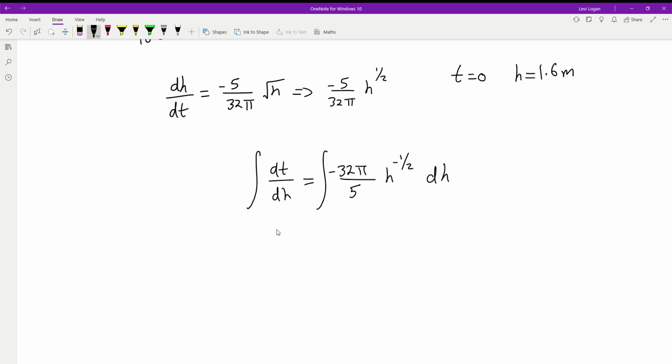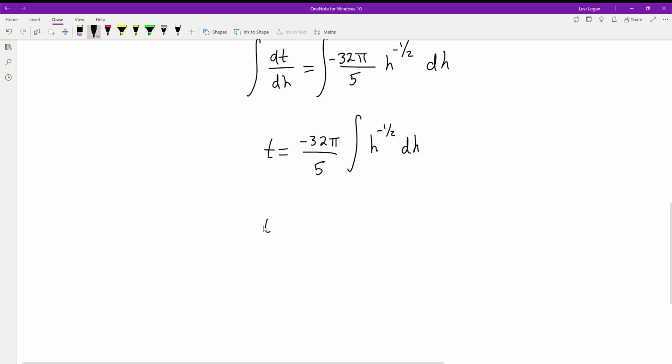This side here, we're just going to get t. Here, we can take the constant out the front, so we have negative 32 pi on 5, and just integrate h to the negative half with respect to h, okay? So what we're going to do is add 1 to the power and divide by the new power.